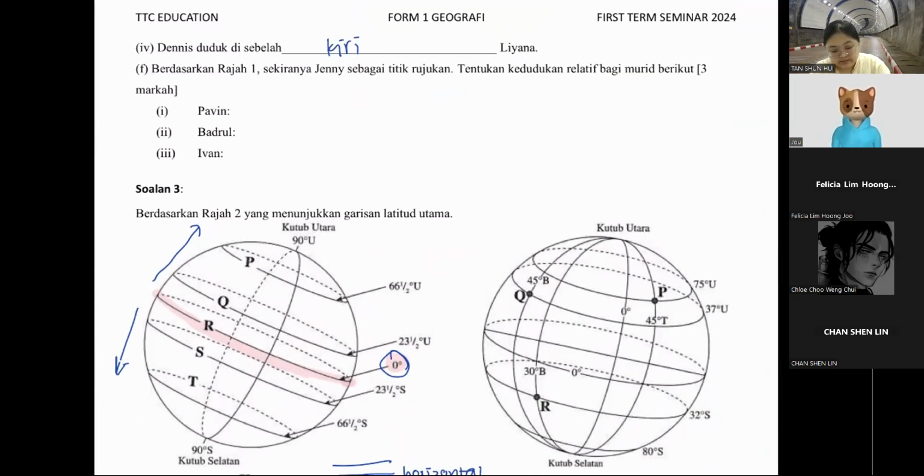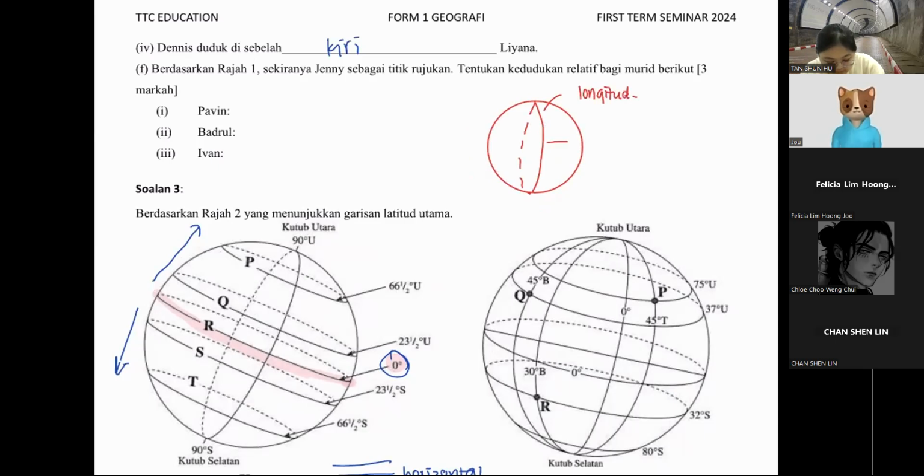Remember? Now, this is your Earth, and we will have vertical lines. How many vertical lines do we learn? 2. All these lines we call longitude.